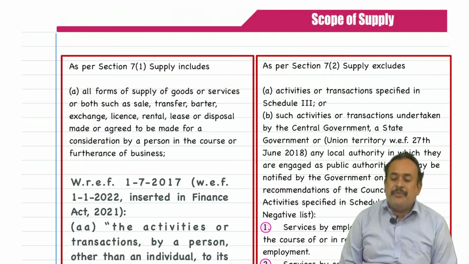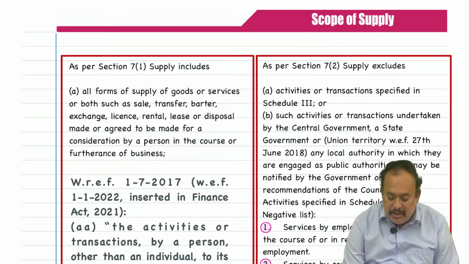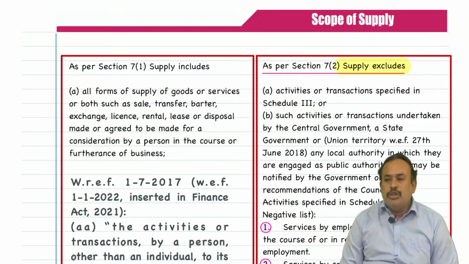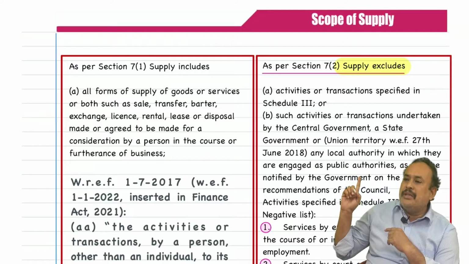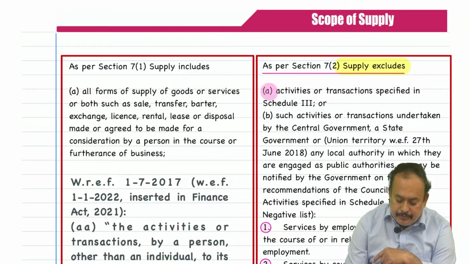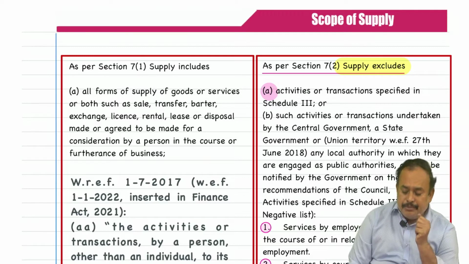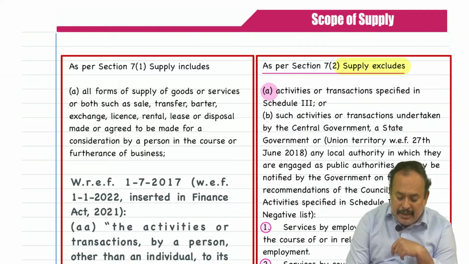Now referring to you, my dear friends, today Section 7 subsection 2: supply here excludes. Section 7 subsection 2 speaks that in the given case supply excludes activities or transactions specified in Schedule 3.